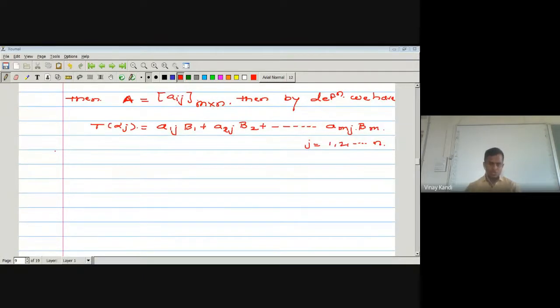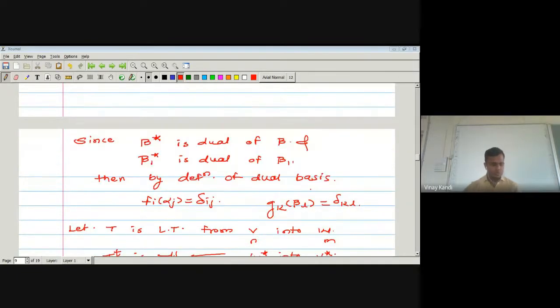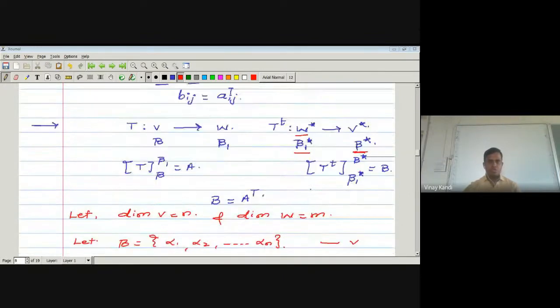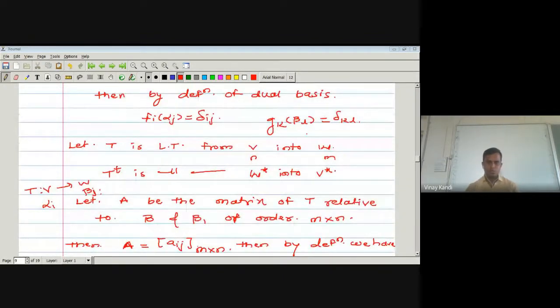So this is T of alpha j is equal to summation i running from 1 to m of aij beta i, with i running from 1 to m and j running from 1 up to so on n. Suppose this is equation number 2, and this one is equation number 1. These two are okay.